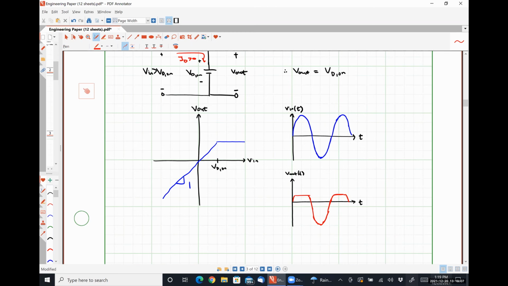This cuts off a large portion of that positive half cycle, depending on how V in compares to what VD on is.